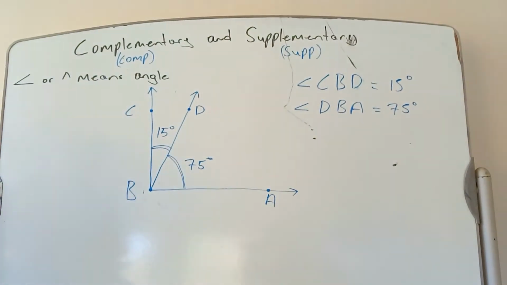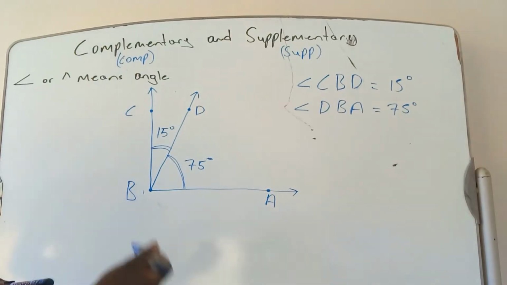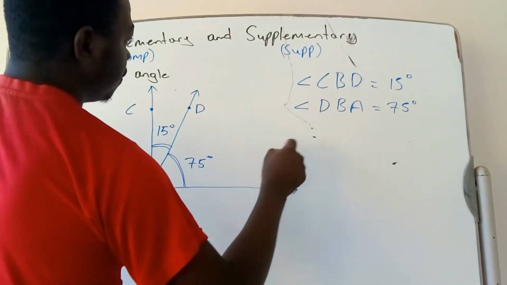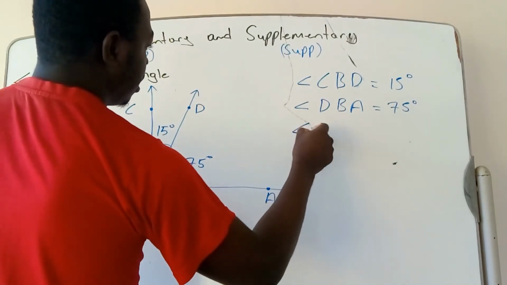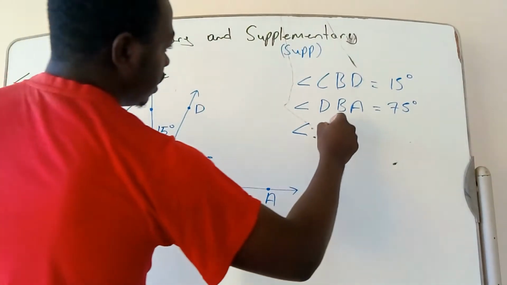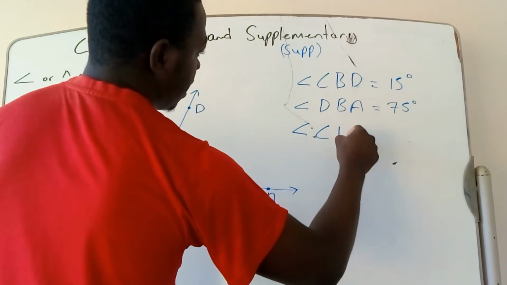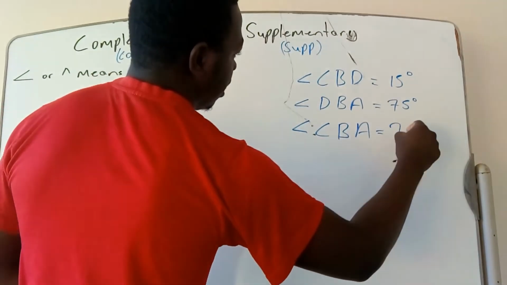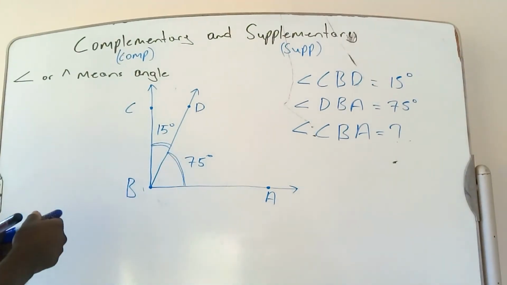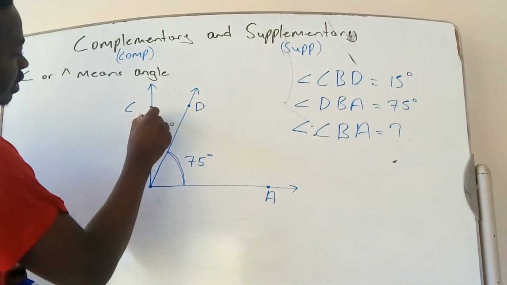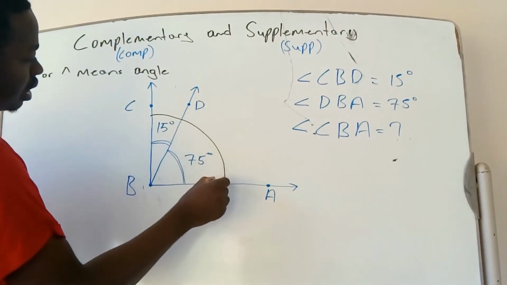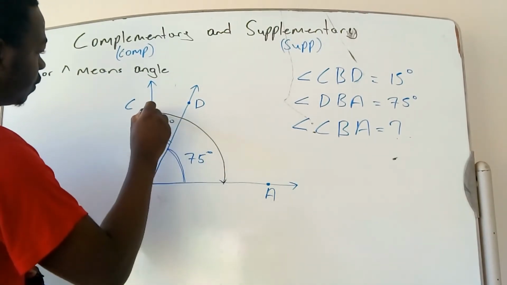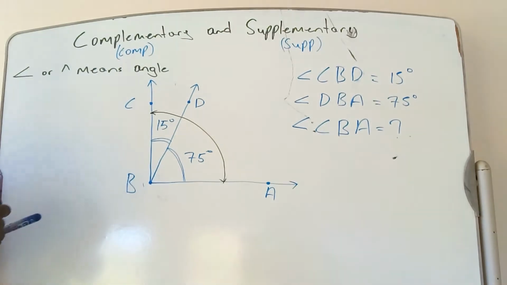Now, let's say that somebody asks us to calculate another angle, which is angle CBA. Let me highlight that angle. That's this angle here. Say somebody asks you to calculate that angle.